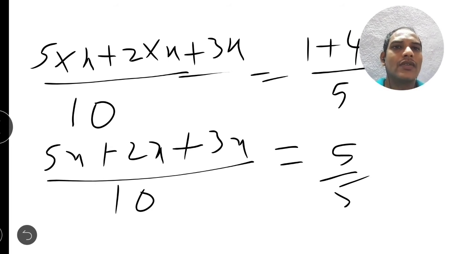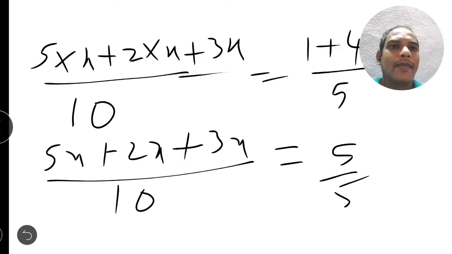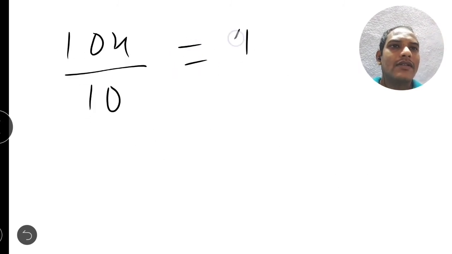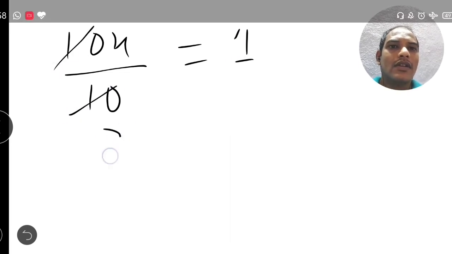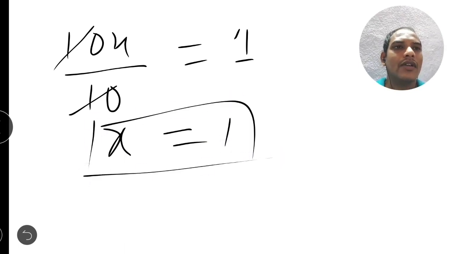So 5 plus 2, 7, 7 plus 3, 10. So 10x divided by 10 equals to 5 by 5, answer is exactly 1. Here 10, 10 cancel, then x equals to 1.